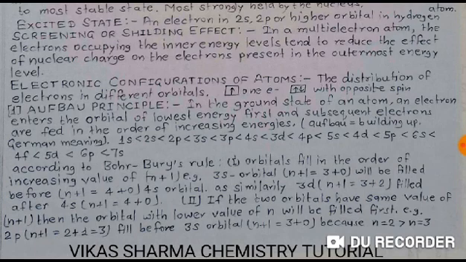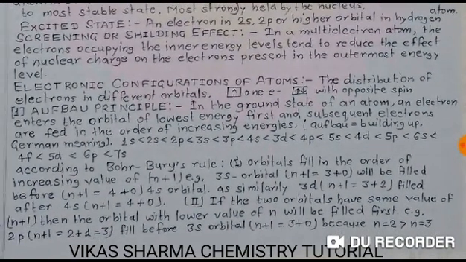Students, the next topic is electronic configuration of atom, the distribution of electrons in different orbitals. First is same spin and different spin, opposite spin. The principle is known as Aufbau principle. In the ground state of an atom, an electron enters the orbital of lowest energy.